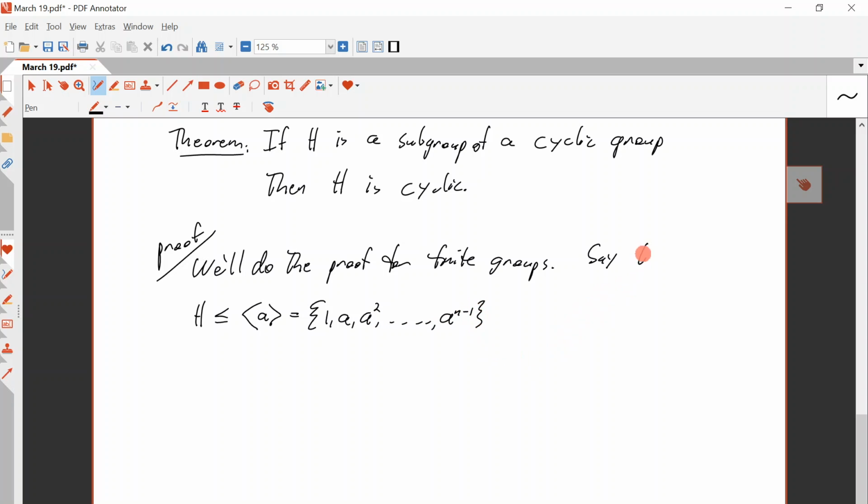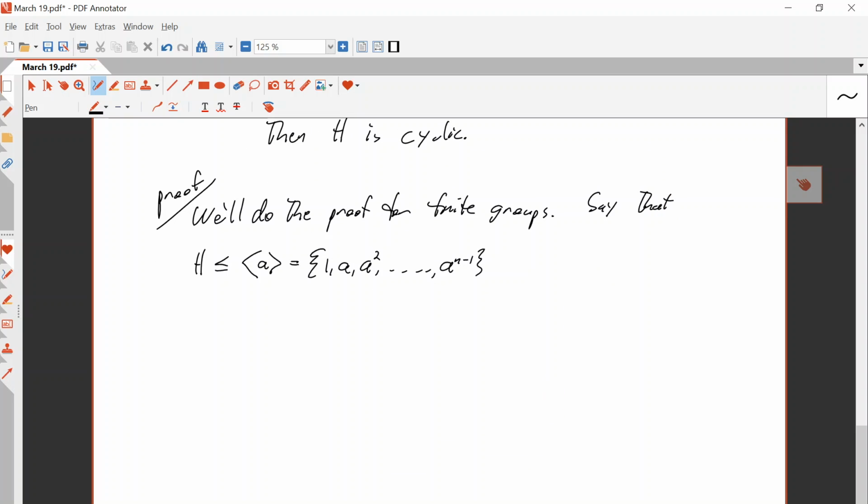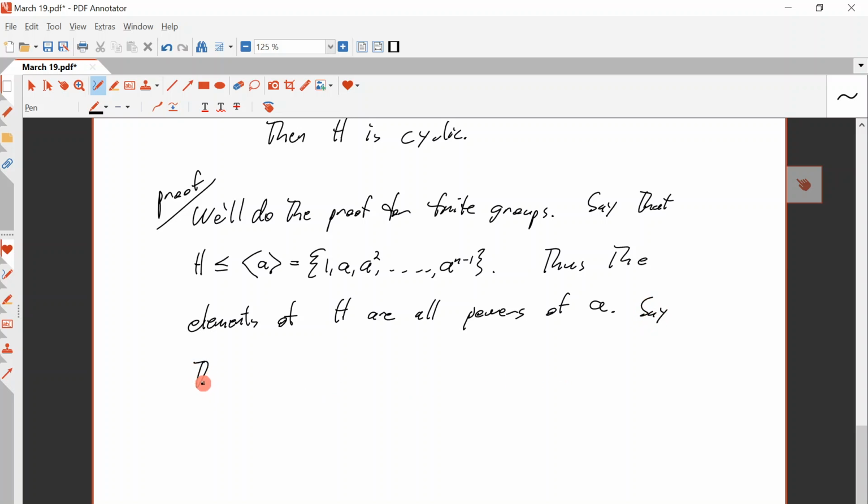So the elements of H are all powers of A. Say that A^k is an element of H with k the smallest positive power.